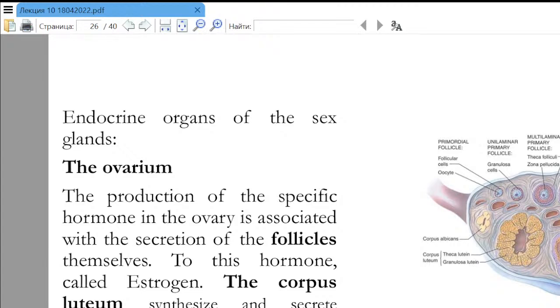The follicular cells synthesize estrogen, and the second hormone, the corpus luteum, synthesizes and secretes progesterone. So follicular cells synthesize estrogen and corpus luteum synthesizes progesterone. Two hormones.